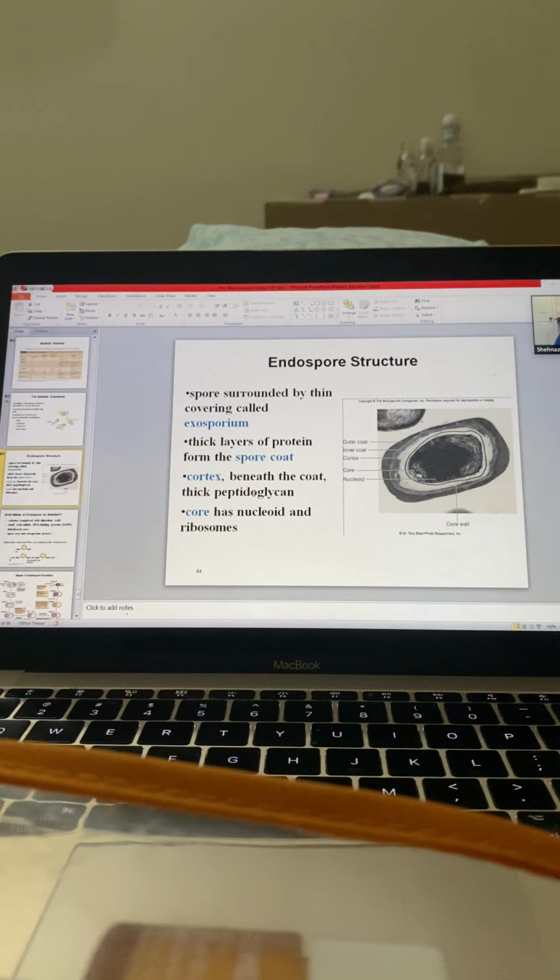Another thing that I have to mention here: the known genera that are capable of making endospores are all gram-positive bacteria. So it seems like nature is favoring gram-positive bacteria, giving them the ability to survive much more than your gram-negative bacteria, which are quite vulnerable.